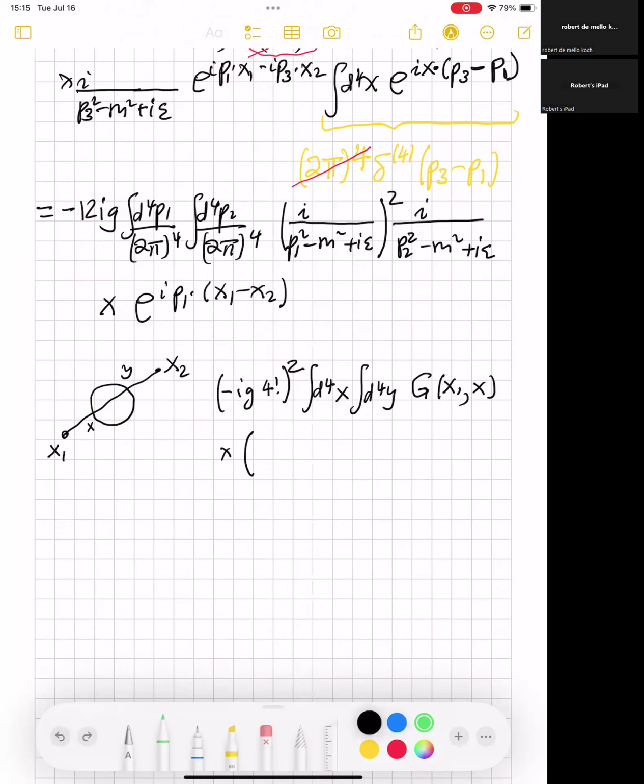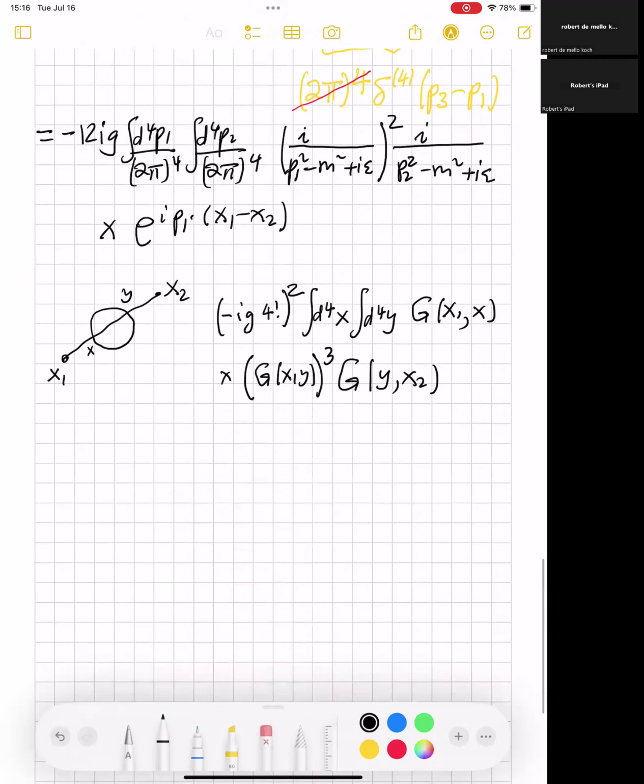If we put those in, we've got G(x, y) cubed, and then we've got G(y, x2). And then we need to take into account any symmetry factors. The three lines going from x to y have the same start points and the same end points, so we need a 1 over 3 factorial, and that's from the equivalent lines.